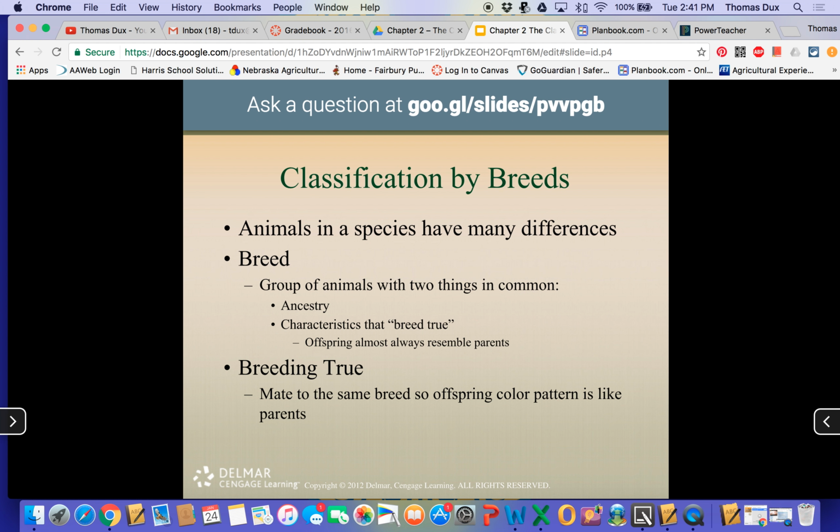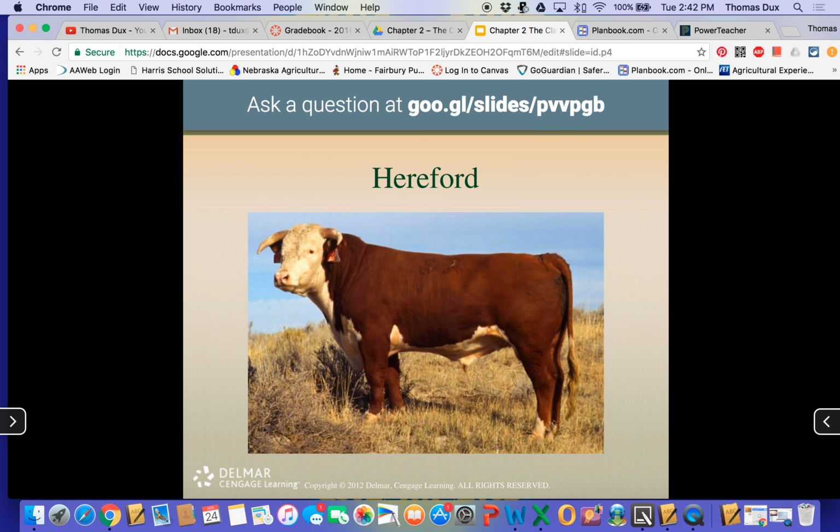A breed of animal is defined as a group of animals with a common ancestry and common characteristics that breed true. Breeding true means that the offspring almost always will look like the parents. For instance, the Hereford breed of cattle is characterized by being brownish red with a white face and white underline. If a male and female Hereford are mated, offspring are expected to be red and have the characteristic white face and white underline.